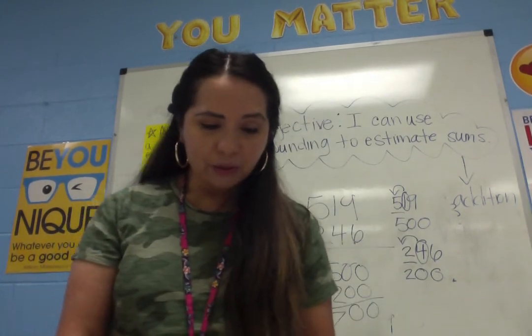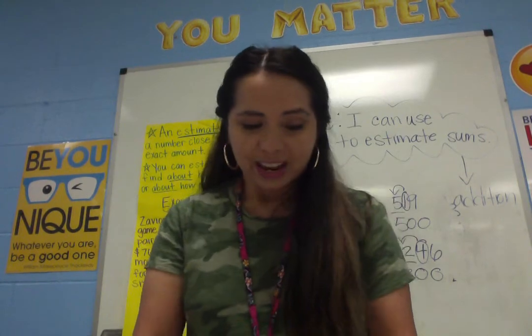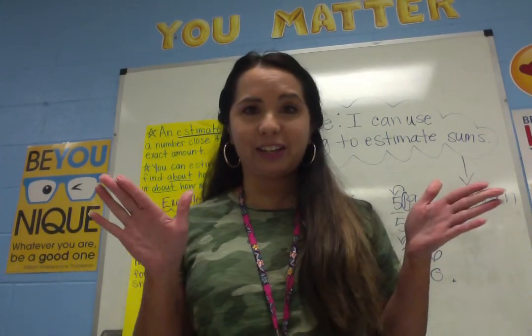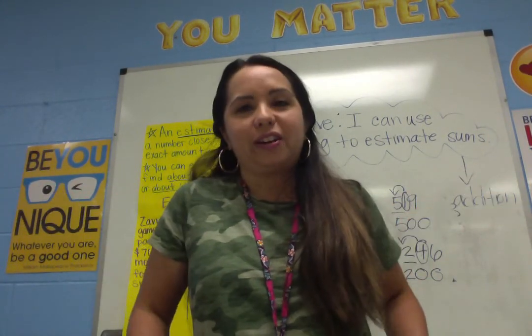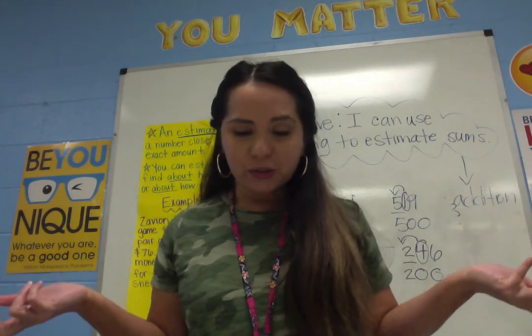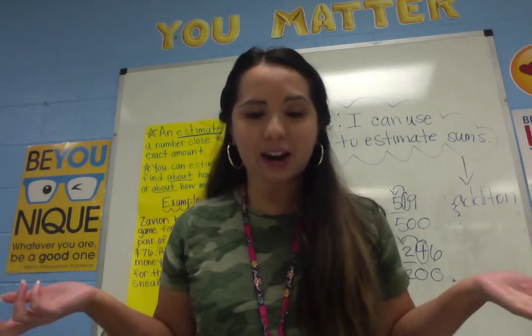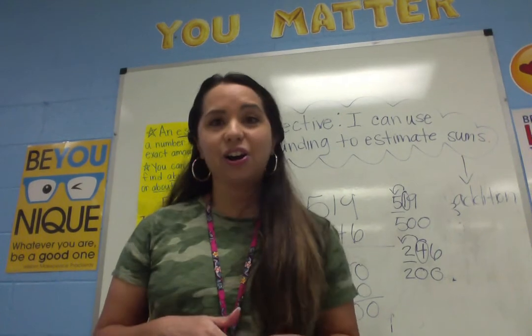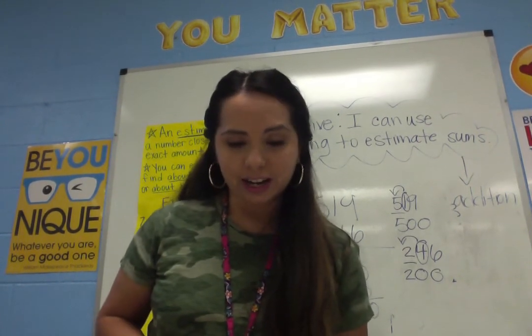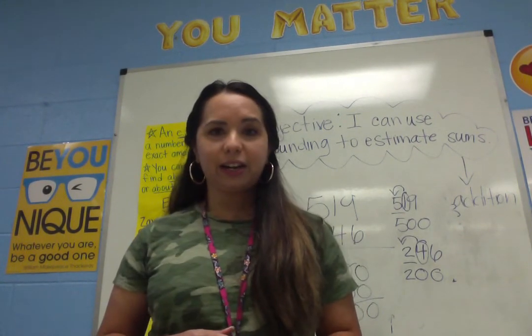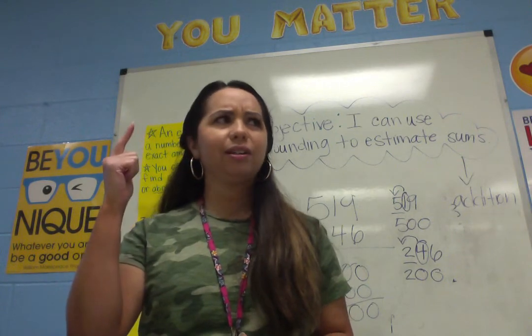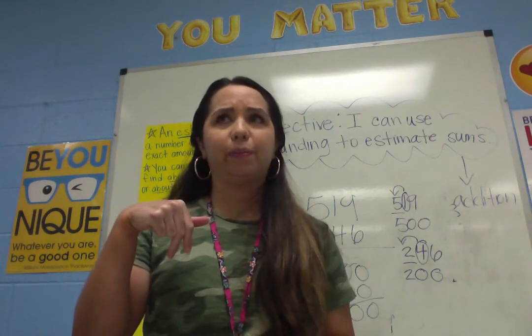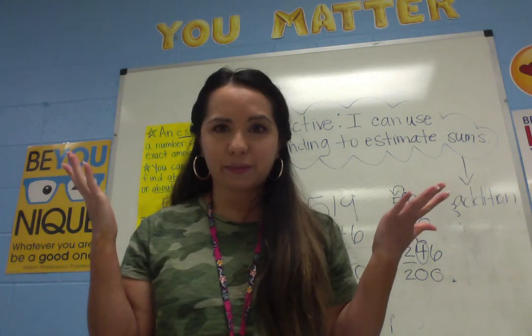And again, we estimate, I feel like, with food. I don't know about y'all. Seriously, let's say you have $8 left in your pocket. You're at the store and you want to buy bags of candy, right? The bags of candy cost $1.79. You want to try to see how many bags of candy you can buy, but you want to estimate, right?